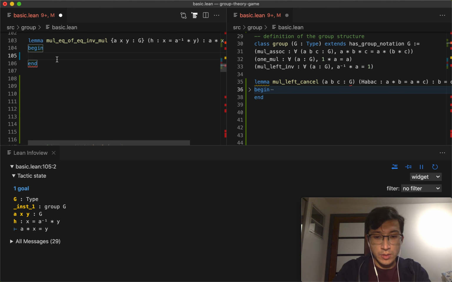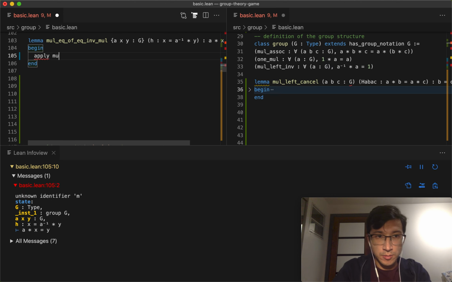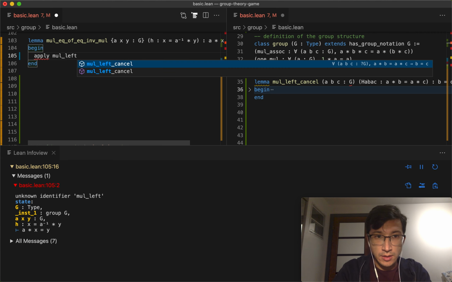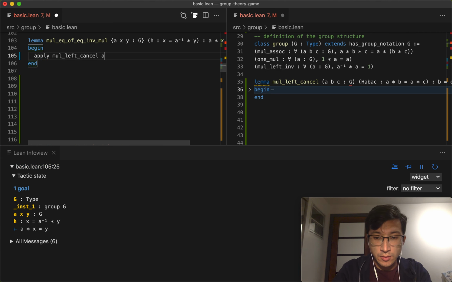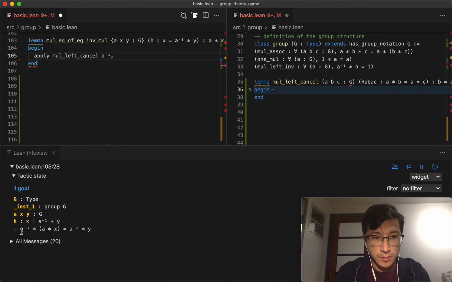So we could apply mul_left_cancel with a inverse. That gives us our a inverse appearing on the left side on both sides of the equation.